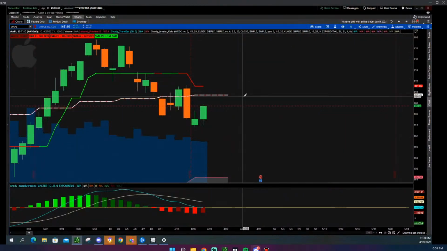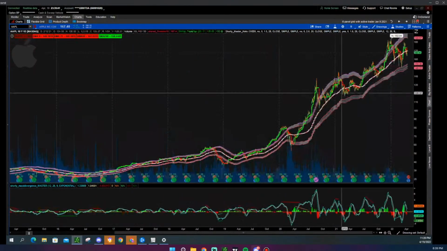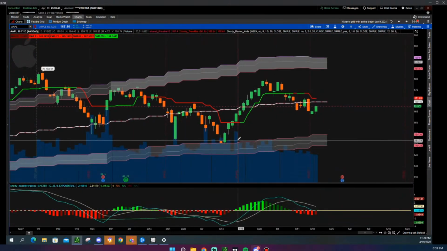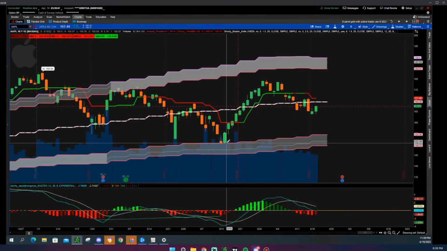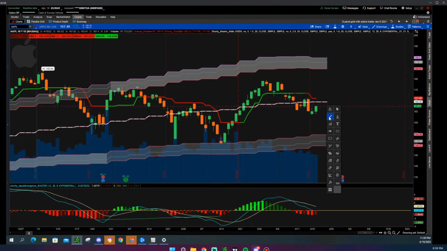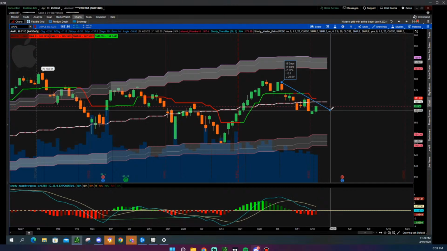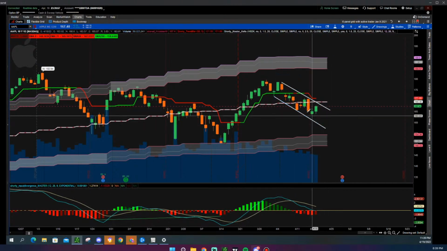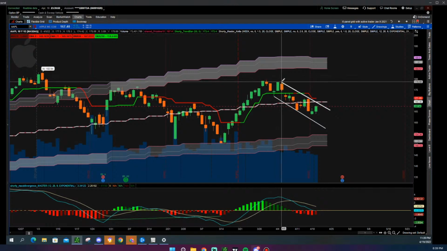So here, if I look at this, this is our weekly cloud, where it bounced from to a penny at 150. But now it has this, and I just don't know if this is going to play out. See what I'm saying? If this plays out, it's a different story.